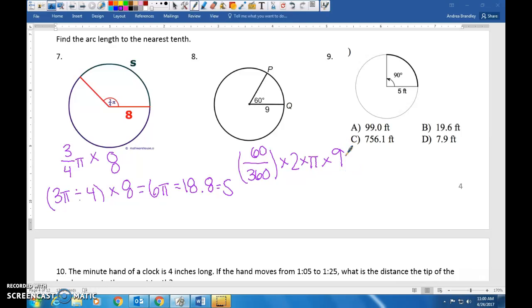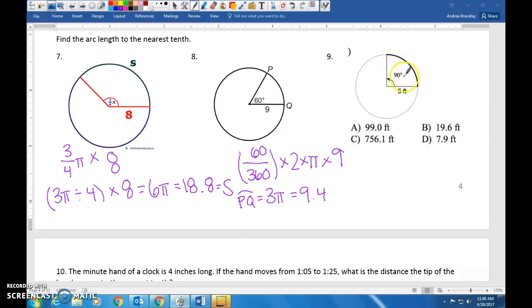So I'll go ahead and enter that in my calculator. Times 2 times pi times 9, and this ends up as 3 pi, which is also equal to about 9.4. And this is the measure of the arc from P to Q, is equal to this.